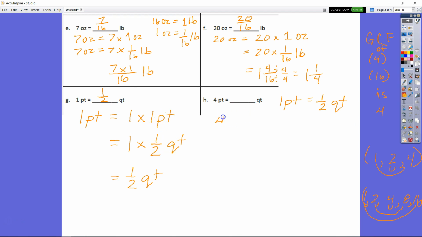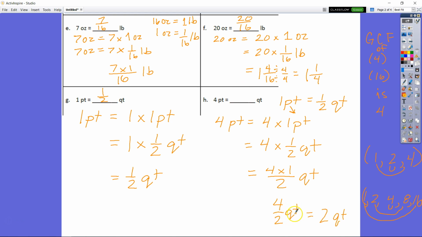So let's see, 4 pints equals 4 times 1 pint. You should notice something. Now, instead of 1 pint, we can say equals 4 times half of a quart. So now we have 4 times 1 over 2 equals 4 halves of a quart, which equals 2 quarts.